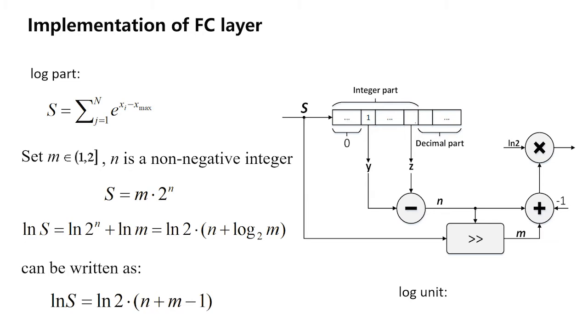All we need to know is M and N. The N can be expressed by y minus z, where y is the position of the first one bit of S, and z is the decimal point position. M is S shifted right by N bits. So then we can get log S.